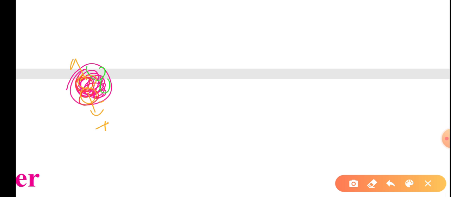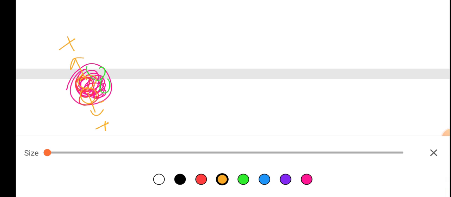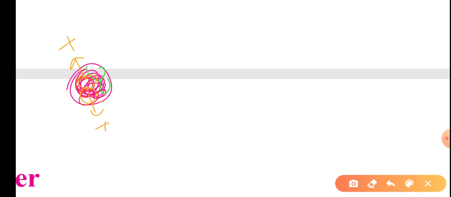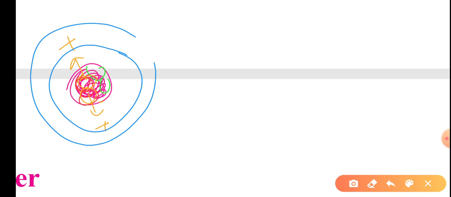So this particular atom has two positive charges. Next, the electrons are revolving in the orbit. Suppose there are two electrons, which have a negative charge. So these two positive charges attract these two electrons.